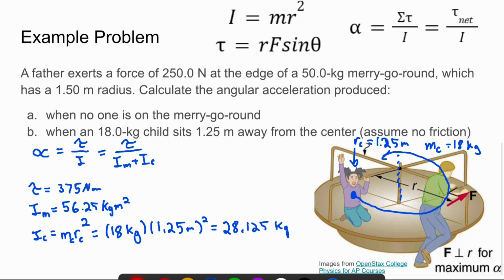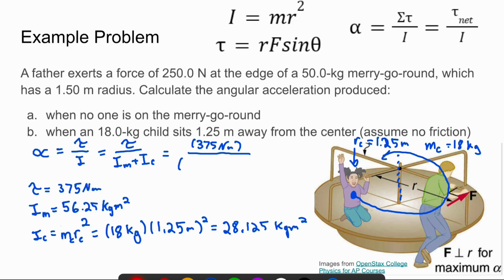28.125 kilogram meters squared. So for our angular acceleration, we have the same torque as last time, 375 Newton meters, which is what the father's applying to the merry-go-round, whether she's on it or not.